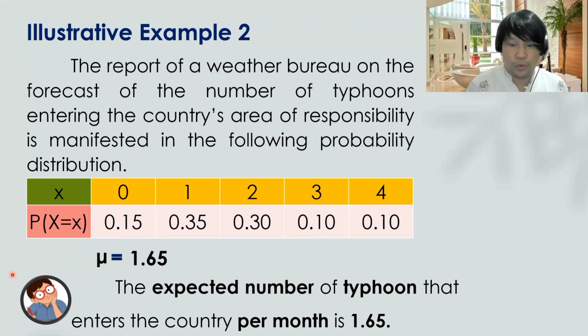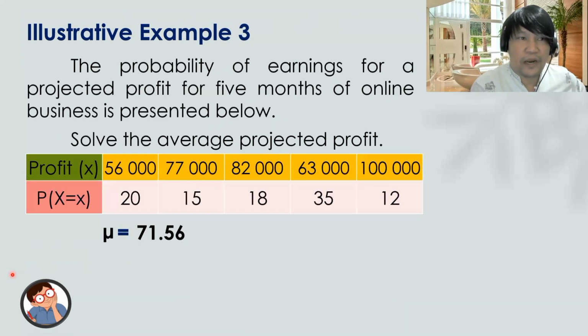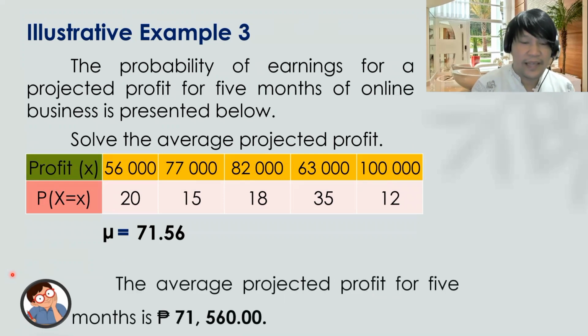Okay, but in this scenario, in our illustrative example, the expected number of typhoons that will enter the country per month is 2. Okay, then for illustrative example number 3, we do have our mu equal to 71.56, or the expected value is equal to 71.56. And as I mentioned earlier, 71.56 is just a representation, and we have to multiply it by 1,000. Therefore, the average projected profit for 5 months is 71,560 pesos.